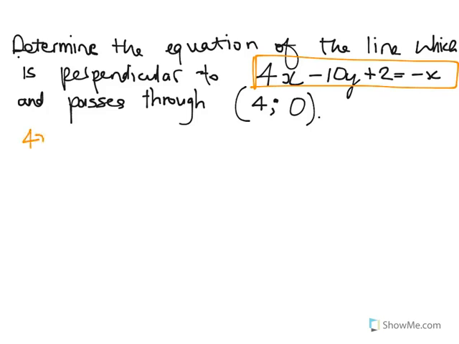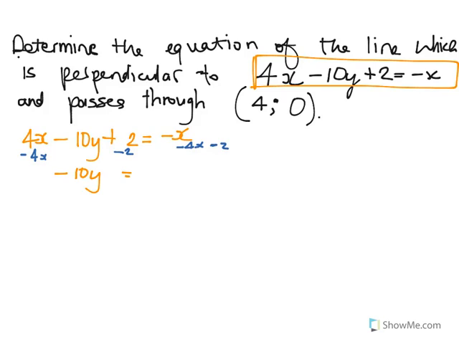So we've got 4x minus 10y plus 2 is equal to minus x. And remember that in standard form, we want y by itself. So I'm going to start by subtracting all the terms that have nothing to do with y. So I'd have minus 10y is equal to, well, again, I'd have to do that on the other side as well, so minus 4x minus 2.